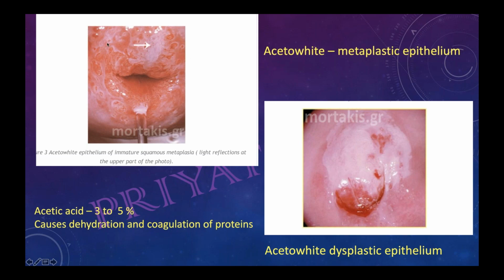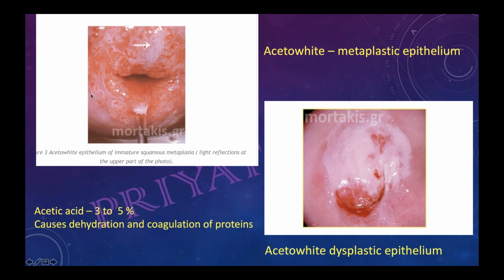Now you can see that here such a faint type of change is there. It is not any abnormal thing; it is the acetowhite change because of the normal metaplastic physiological activity that takes place in the transformation zone. Now I can explain to you.